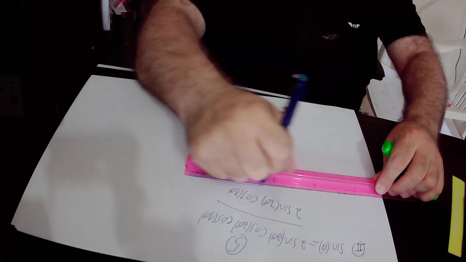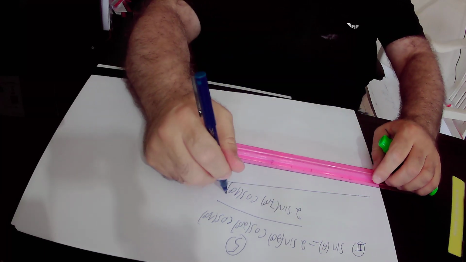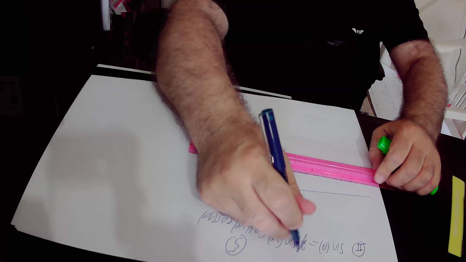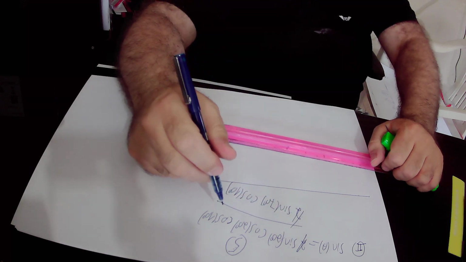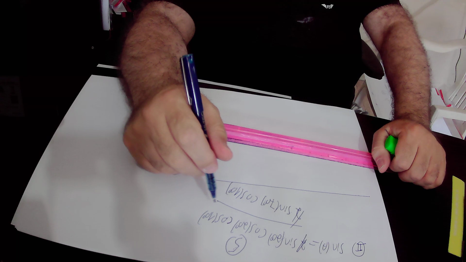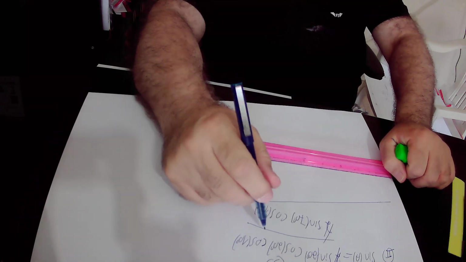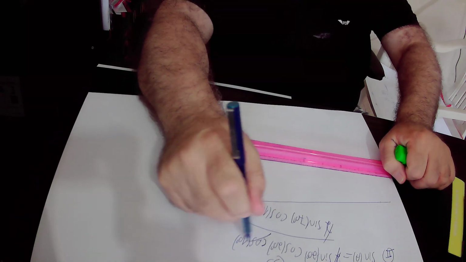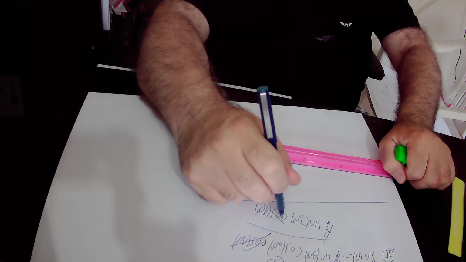So here we have 2 in the numerator and 2 in the denominator, so 2 will get cancelled. And we have cosine 10 degrees in the numerator and cosine 10 degrees in the denominator, so cosine 10 degrees will get cancelled.